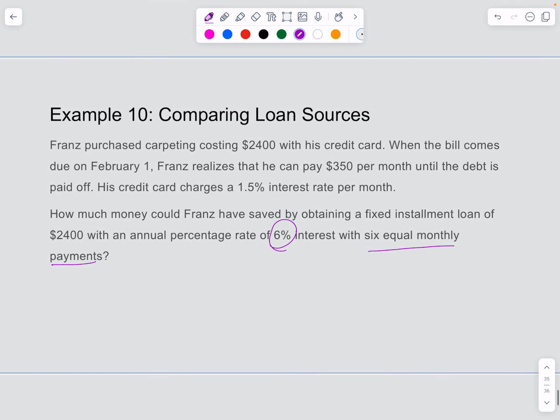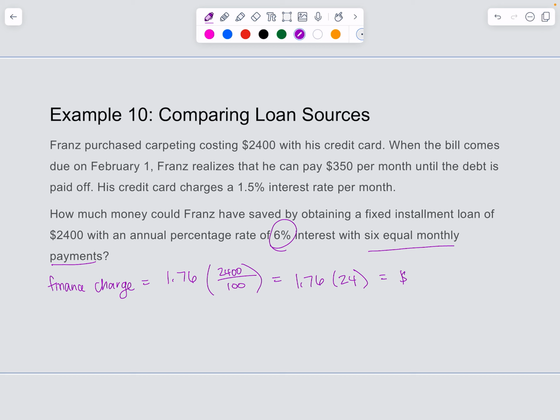All right, Franz. So we're calculating our finance charge first. We said it was $1.76. And since it cost $2,400, we divide that by 100, because it's $1.76 for every 100, right? So it's $1.76 for 24 hundredths.